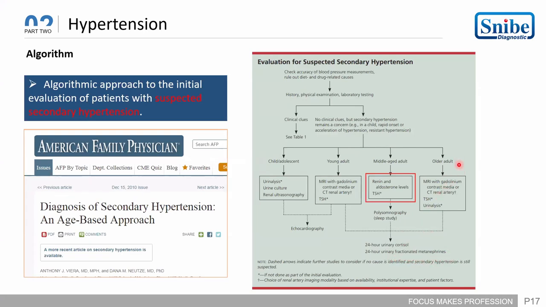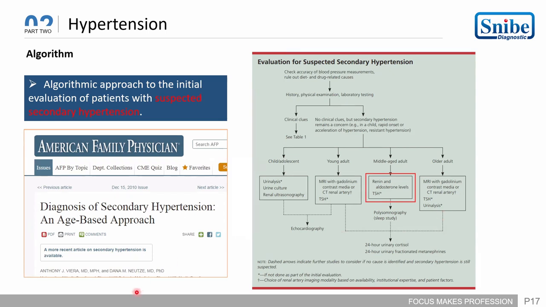And also in the older adult, MRI with gadolinium contrast media or CT renal artery, TSH and urine analysis help them to diagnose with the 24-hour urinary cortisol or fractionated metanephrine cases.